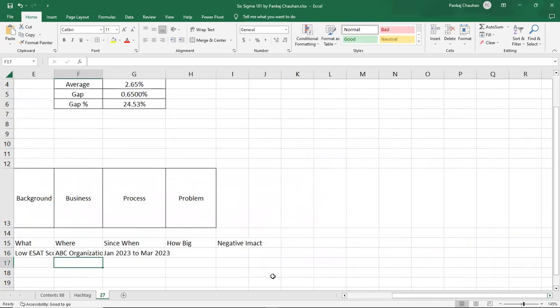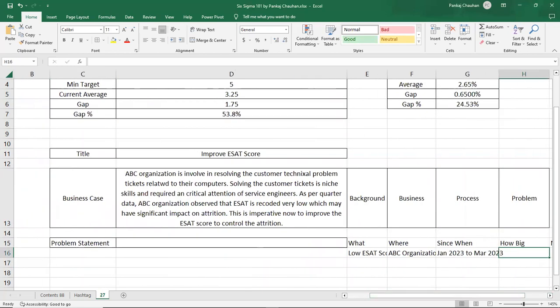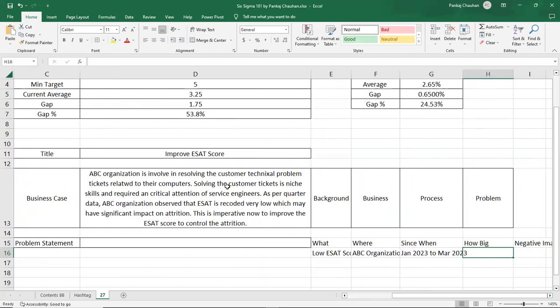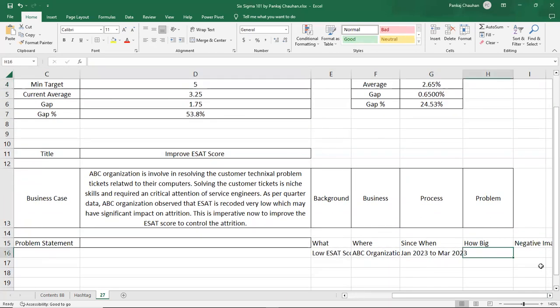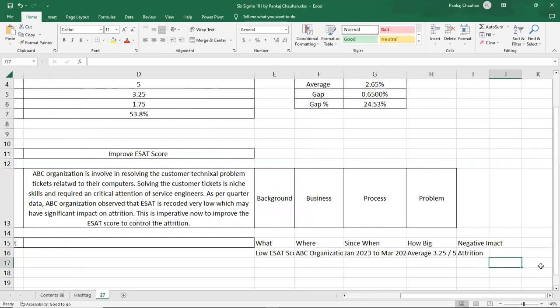As per the data we have collected, how big is the problem? We already have the statistical number, which is around, currently we are at 3.25 against the target of 5. So how big is the problem? Average 3.25 on a scale of minimum 5. And negative impact, as we identify, it is leading to attrition. All right.